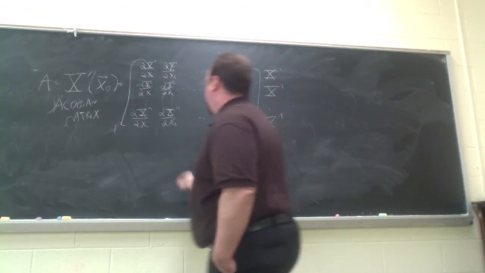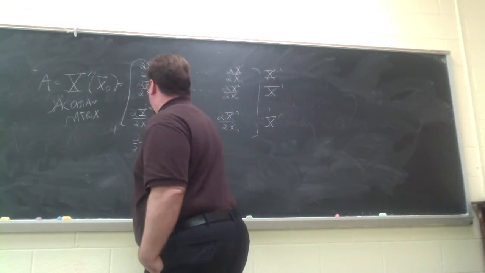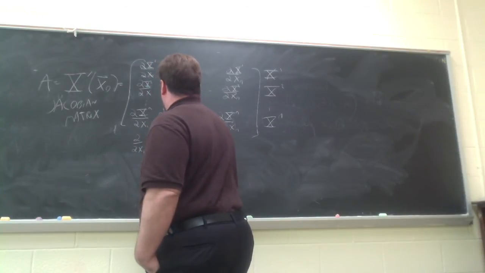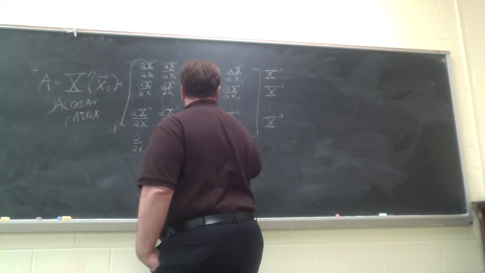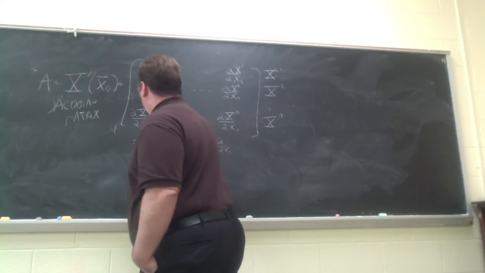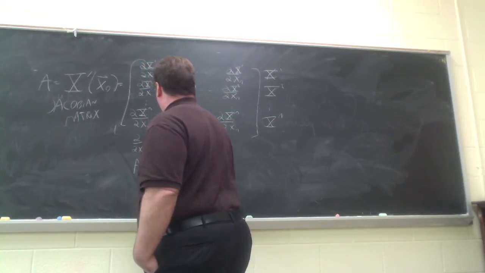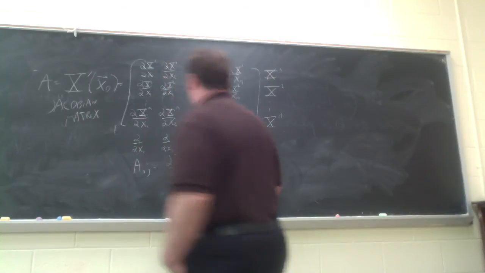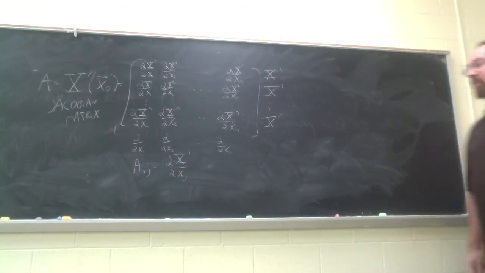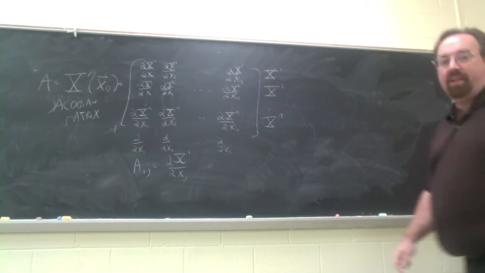Each column deals with differentiation with respect to an independent variable. So in other words, Aij is the derivative of component function i with respect to variable j.